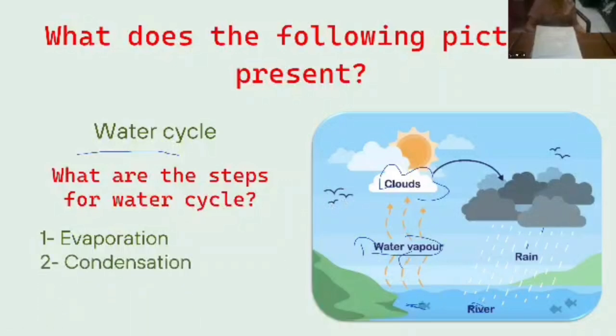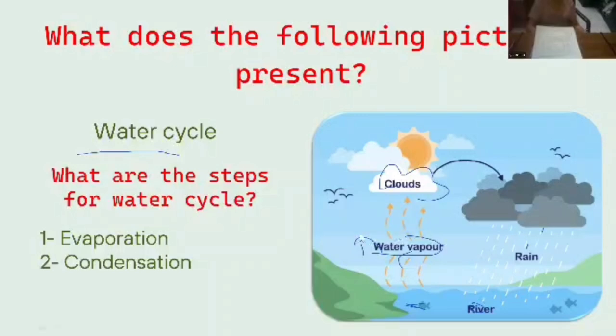And in condensation, the cloud is formed. So number one, evaporation, number two, condensation. When condensation forms a cloud, and this cloud is full of water, it will become so heavy.